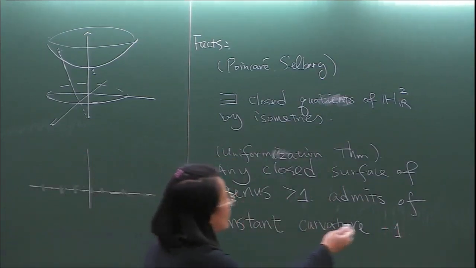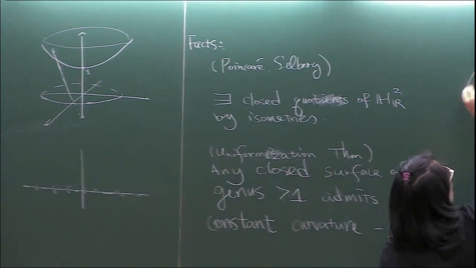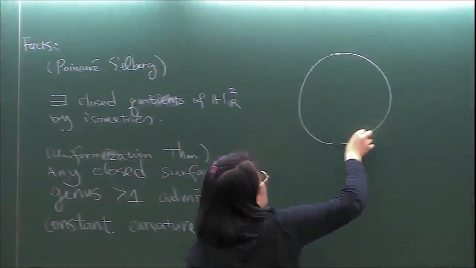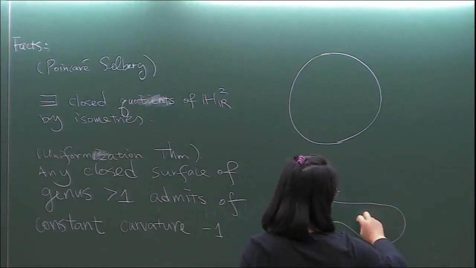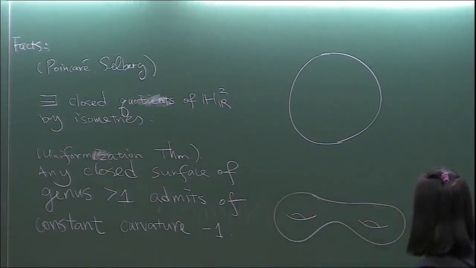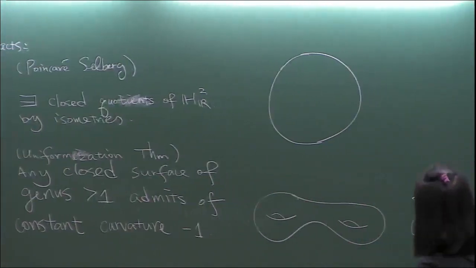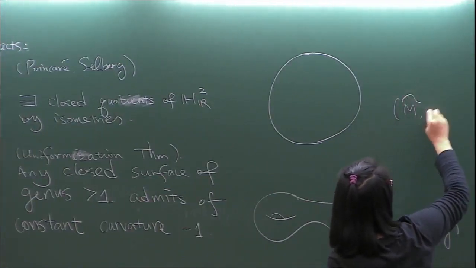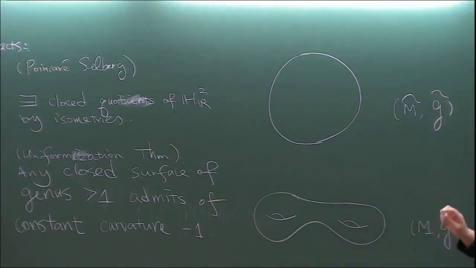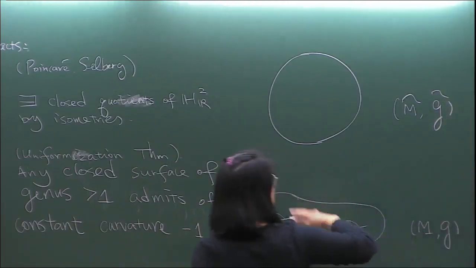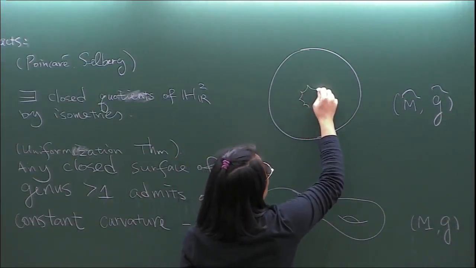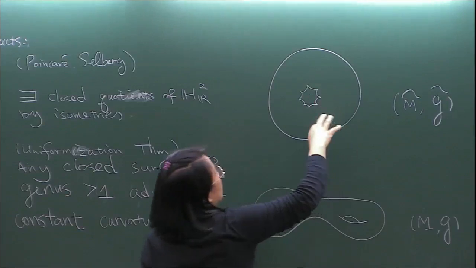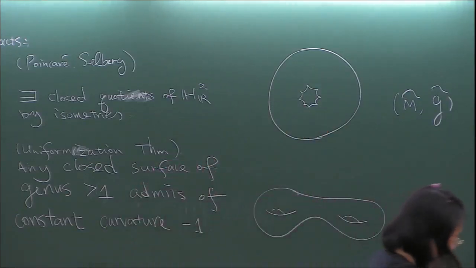So in many cases, for instance, a typical example is that you will always see this picture. You will say this is our M, and then the universal cover of this one is just the Poincare disk, and the lift of this, you will have a fundamental domain, right? Like this, okay? So this is the basic example.